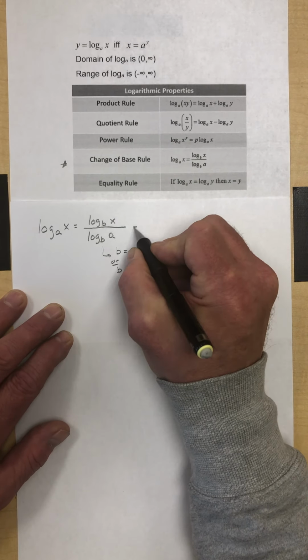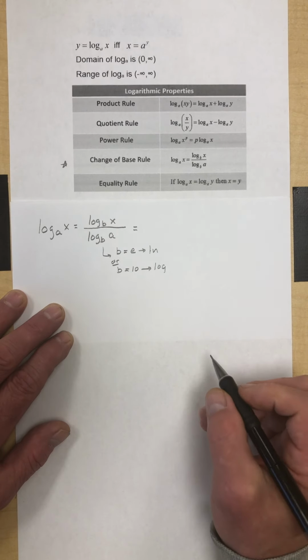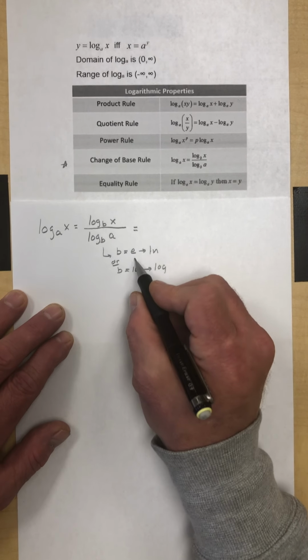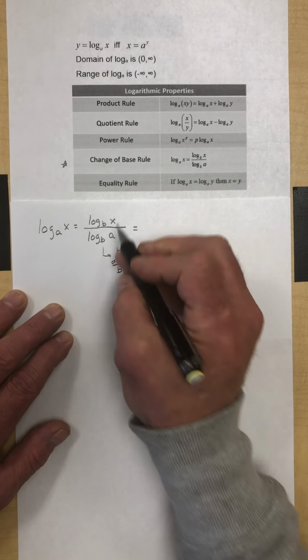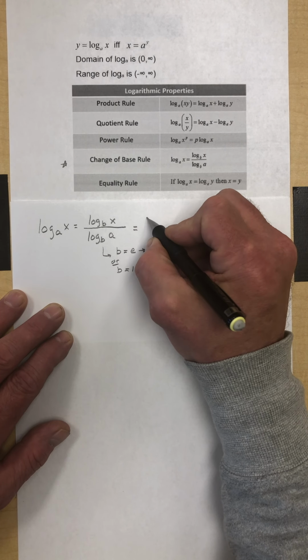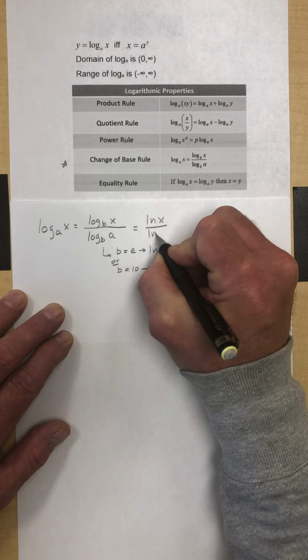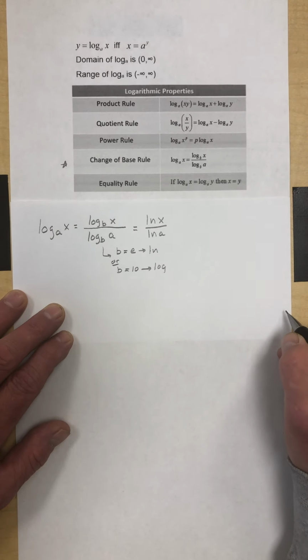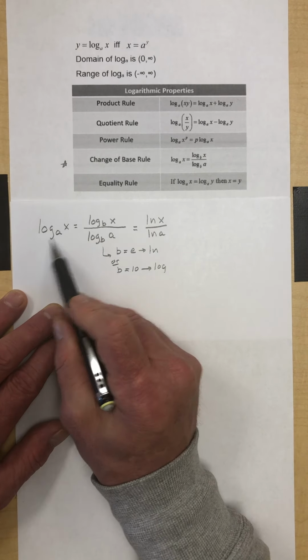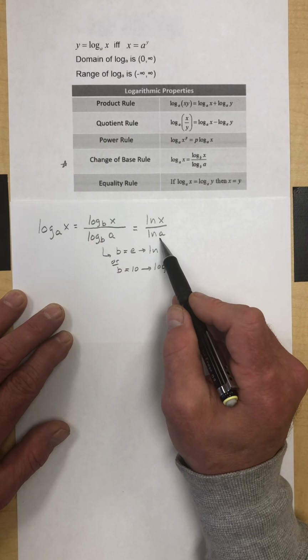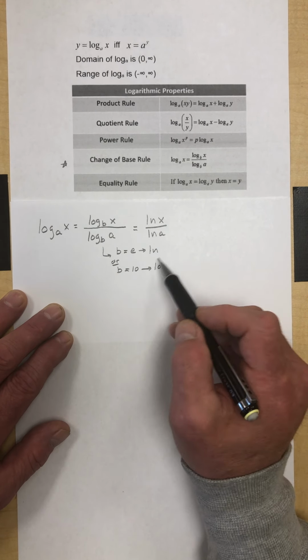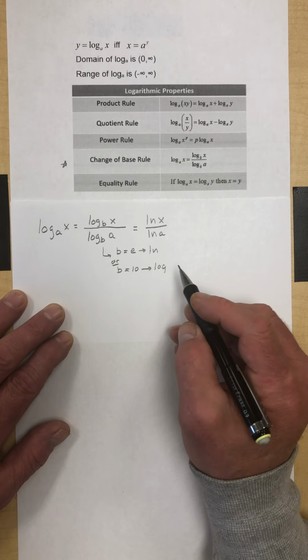So if I choose E as my base, log base E is a natural log, so this would be the same as the natural log of X over the natural log of A. I could easily take this, no matter what A is, and use this ratio and punch it into my calculator and get a value.